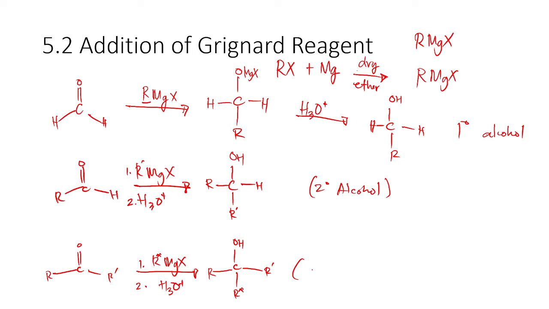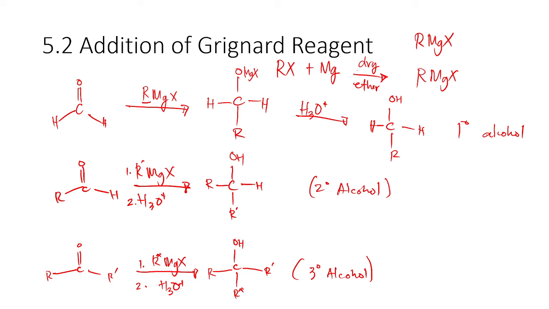And for this one, we will have here a tertiary alcohol. Okay? So that is how you synthesize alcohol from ketones and aldehydes. So, kung gusto nyo magkaroon ng different types ng alcohol, pwede nyo gamitin ito.